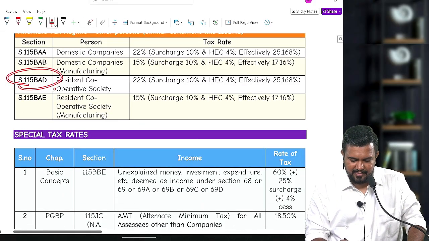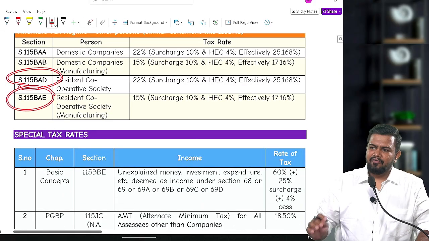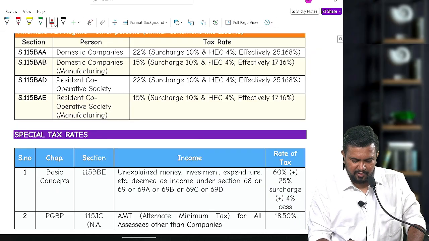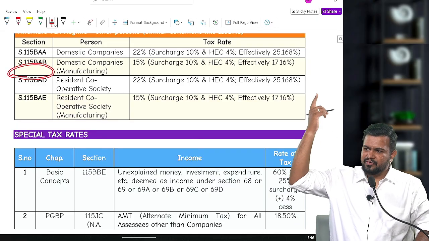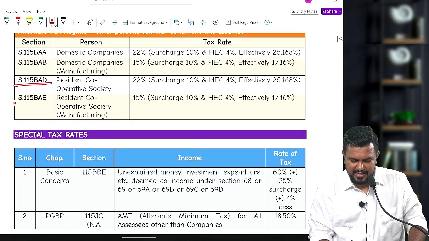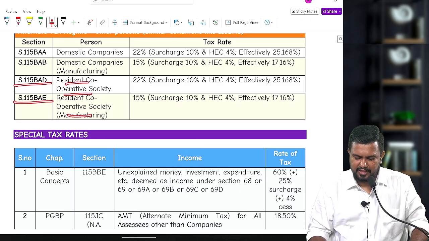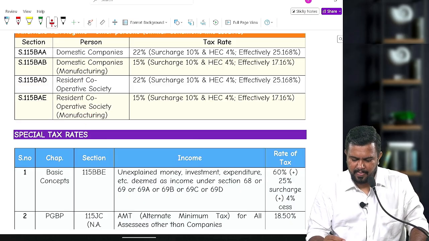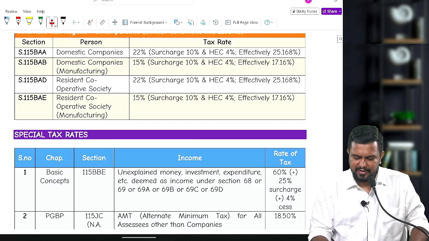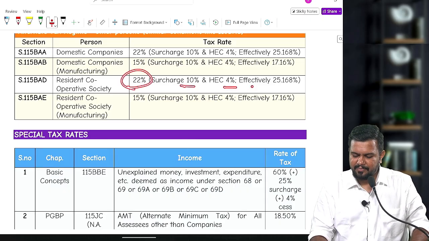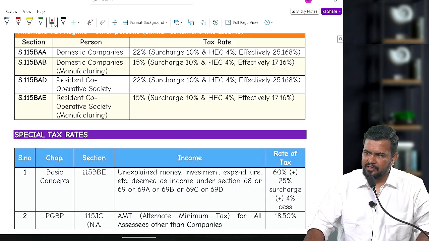Then 115BAD, 115BAE for cooperative society. What about 115BAC? That is individual, which we have studied. So BAD and BAE is for resident cooperative society. If they are not engaged in manufacturing, 22% plus 10% surcharge plus 4% health and education cess.